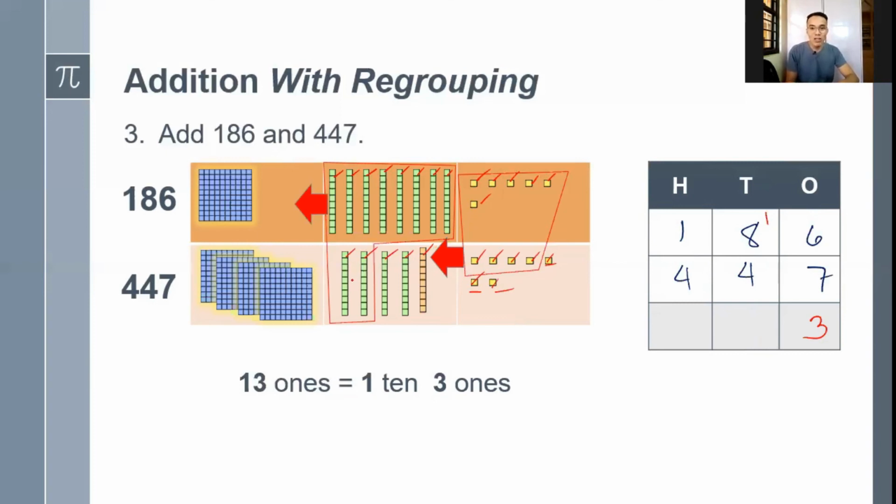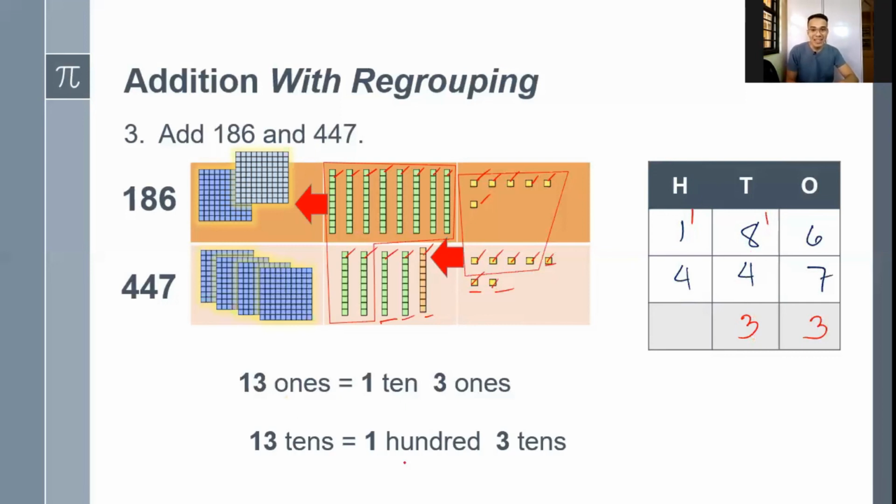We're going to count 10 tens and change them to 100. Okay? So we added 100, and how many tens are left? 1, 2, 3. We have here 3. So 8 tens, 4 tens, and 1 ten make 3 tens and 100. Therefore, 13 tens is 100 and 3 tens.